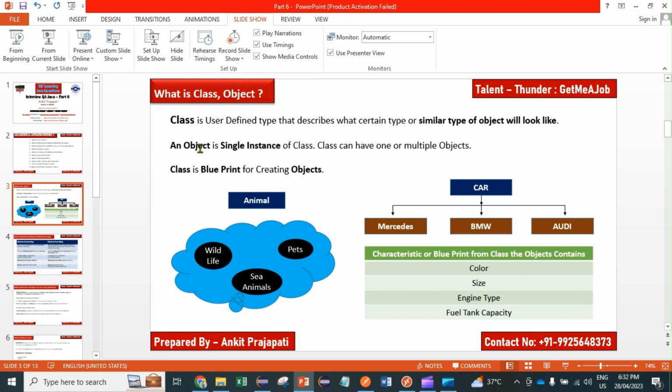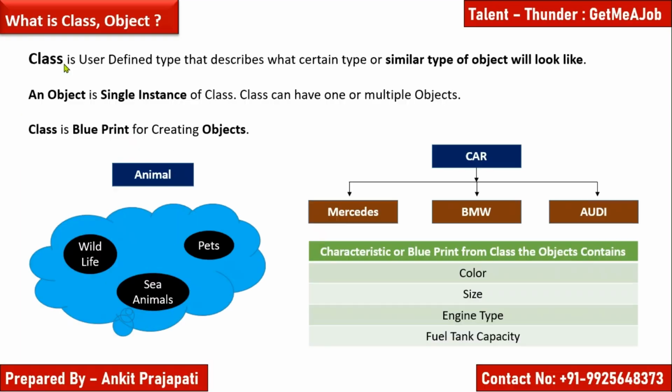And if you see, for different cars or different animals, we have color, size, right? For animals we can see their speed of walking or speed of running and all those things. Based on those characteristics we define the objects for a different class. So this is called the characteristic or property of that object.